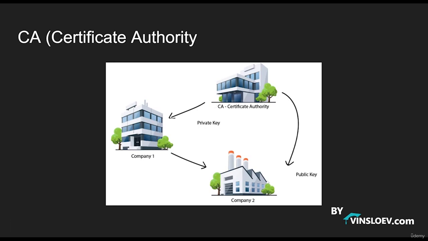So company 2 is getting the company 1 public key, and they can use the CA public key to decrypt the signed value. And if they are able to decrypt the signed value, then they know that company 1 is who they say they are, because they trust that the CA has only handed out this signed certificate to company 1 and not some random person who said, yeah, I'm an employee at company 1, just give me company 1's private certificate and have it signed, please.